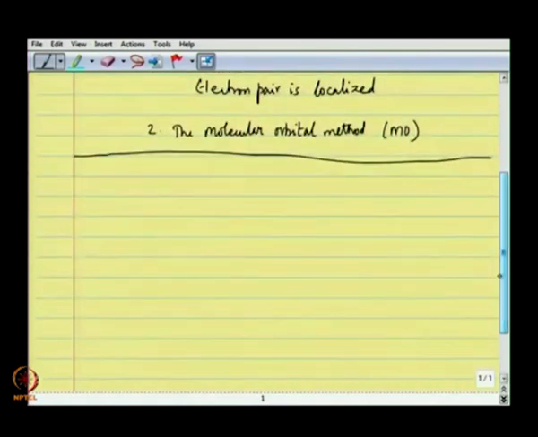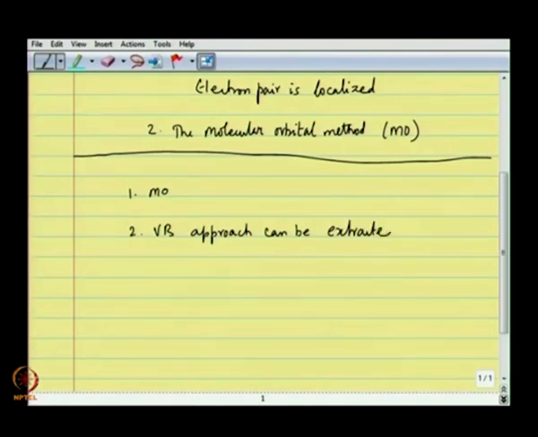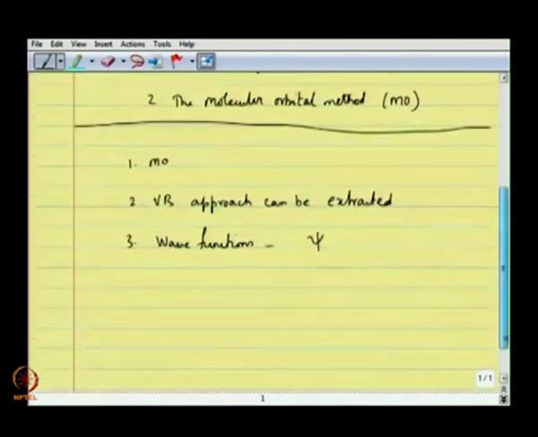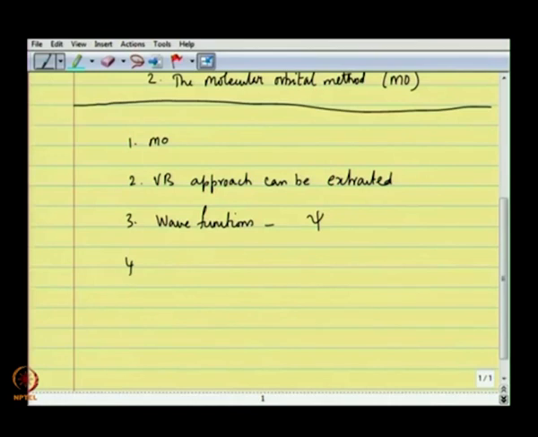My lecture today will contain a bit of description of the MO theory, and out of that how the VB approach can be extracted, and a bit of calculations on the wave functions, the psi, and finally as we move further, we calculate energies, the orbital energies or hydrogen molecular energies, and then we shall look at the properties, that is pictorial representations of these systems.